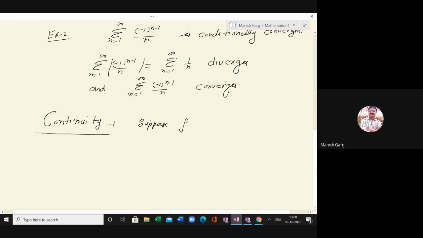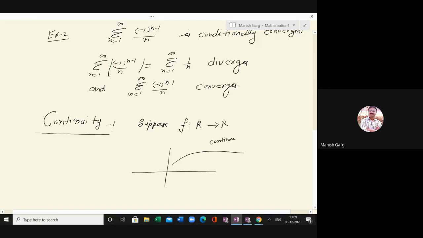Suppose you have a real valued function from R to R, or on any subset or interval. It is called continuous if it has a continuous curve.